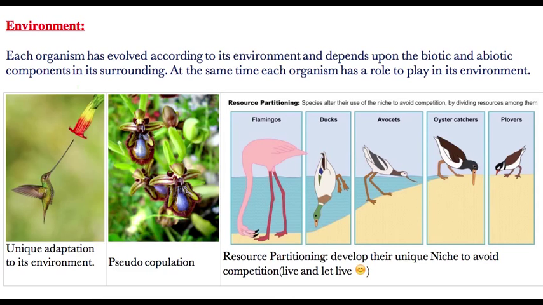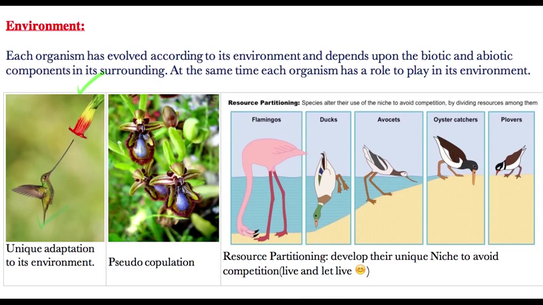In this figure, this flower has a unique tubular shape, and only this particular bird can take the pollen out of this flower and transfer it to the other flower for reproduction. So if somehow you kill this bird or take this bird out of this environment, then what will happen?